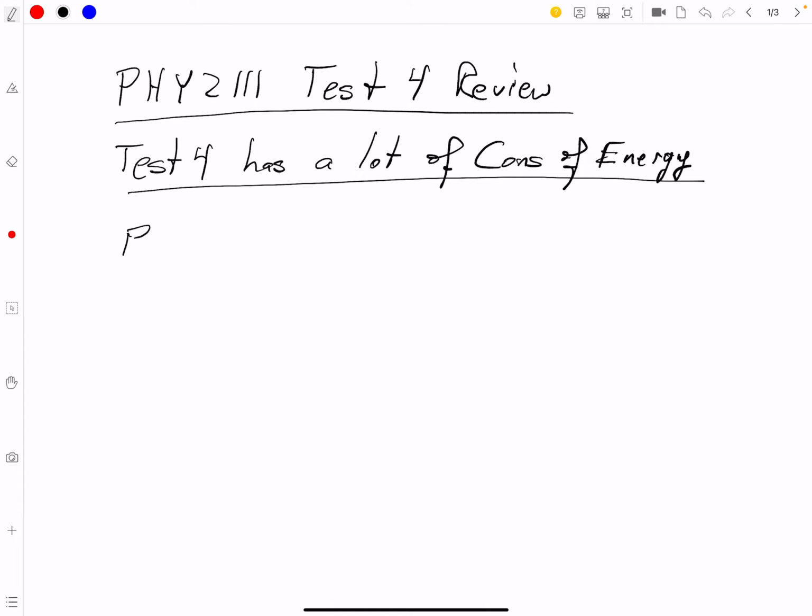Let's first talk about rotational kinetic energy, which is really basically a function of omega, the angular velocity. And so we're going to do the simplest case.